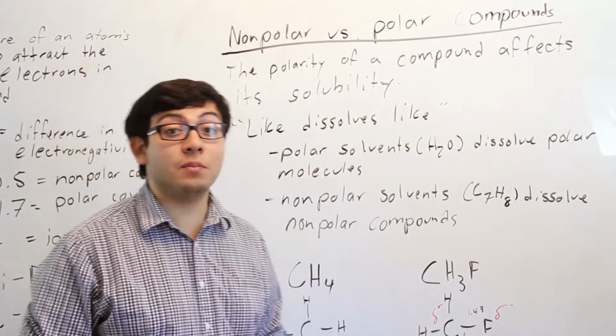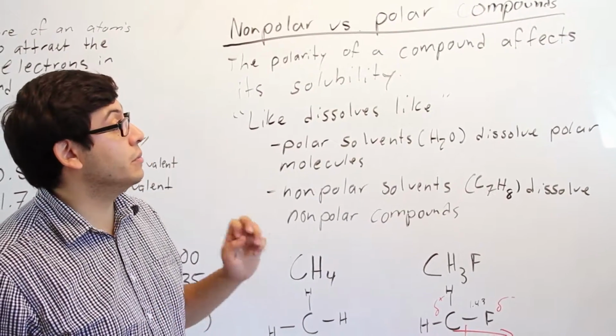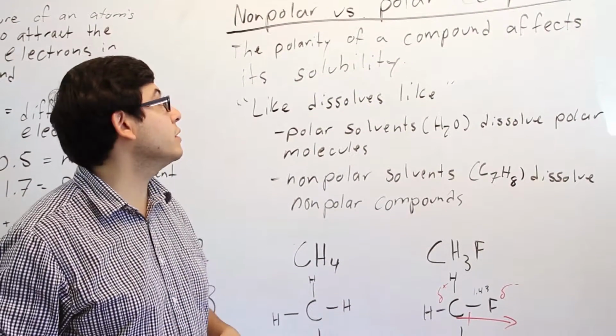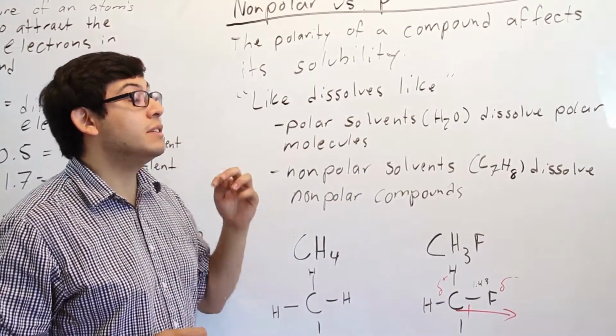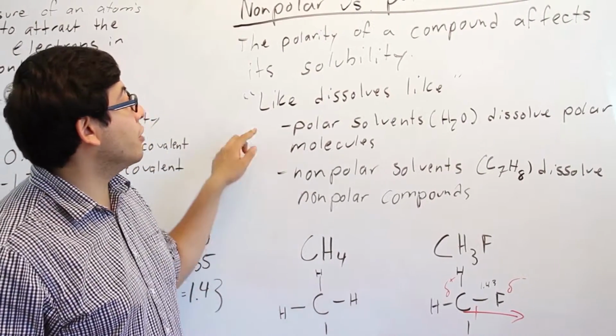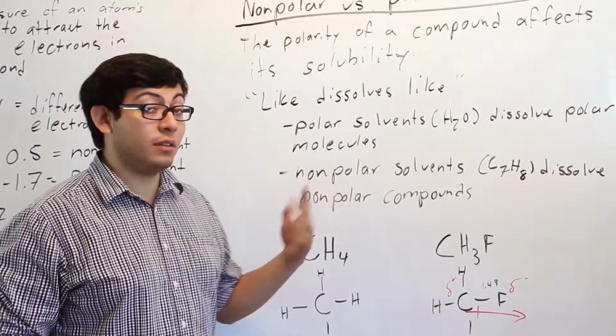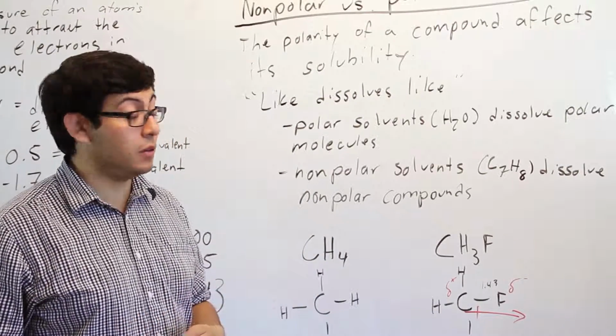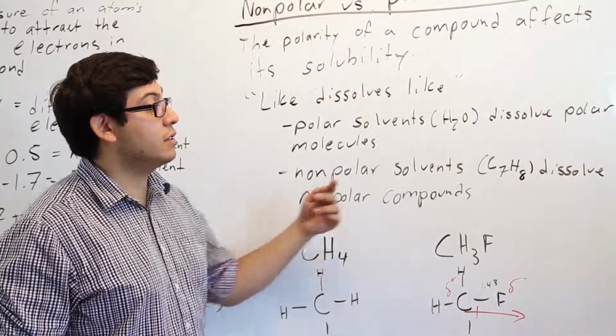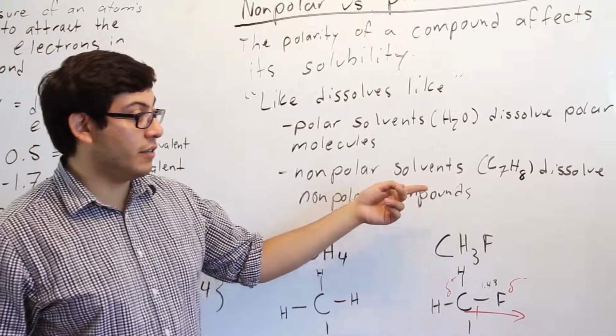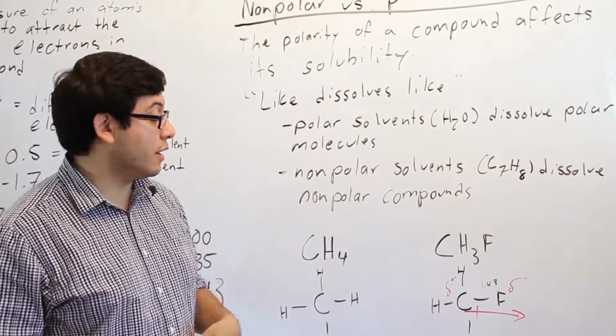Now let's talk about one property, solubility, of polar and nonpolar compounds. The polarity of the compound affects its solubility, according to the rule, like dissolves like. That means polar solvents, like water, will dissolve a polar molecule, and nonpolar solvents, such as toluene, C7H8, dissolve nonpolar compounds.